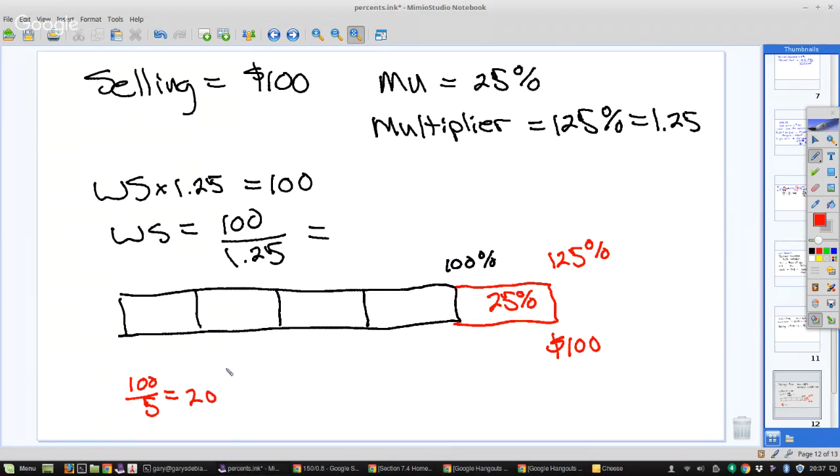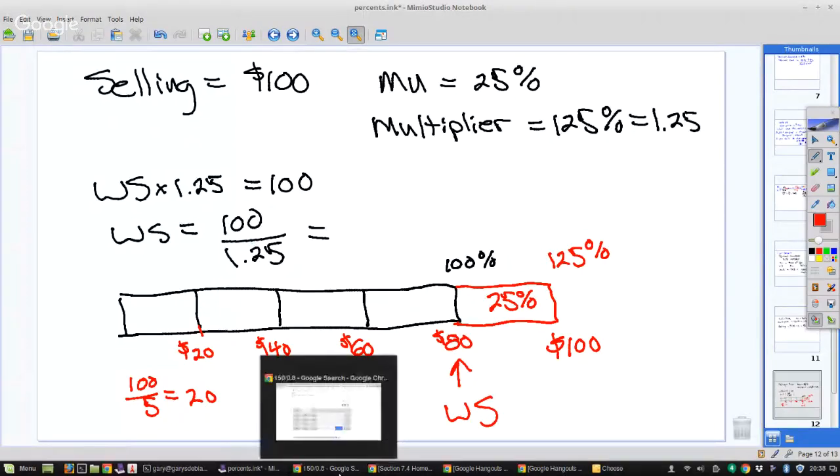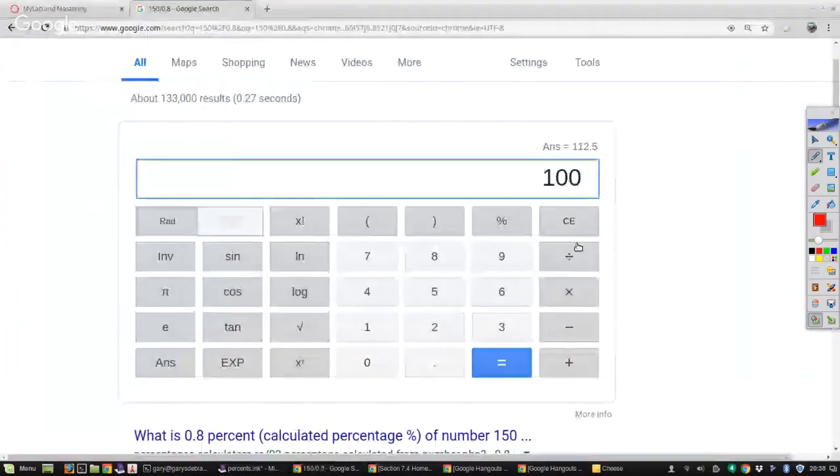So that means each of these chunks should be worth $20. $20, $40, $60, $80, and $100. So that tells me that the original price, the wholesale price, excuse me, must have been $80. And we can check on a calculator what is 100 divided by 1.25. So 100 divided by 1 and 25 hundredths gives me $80.